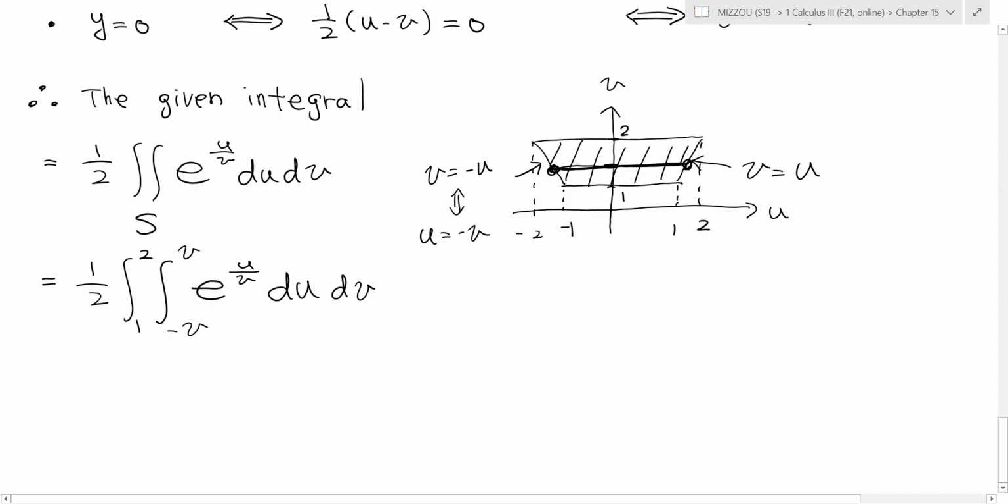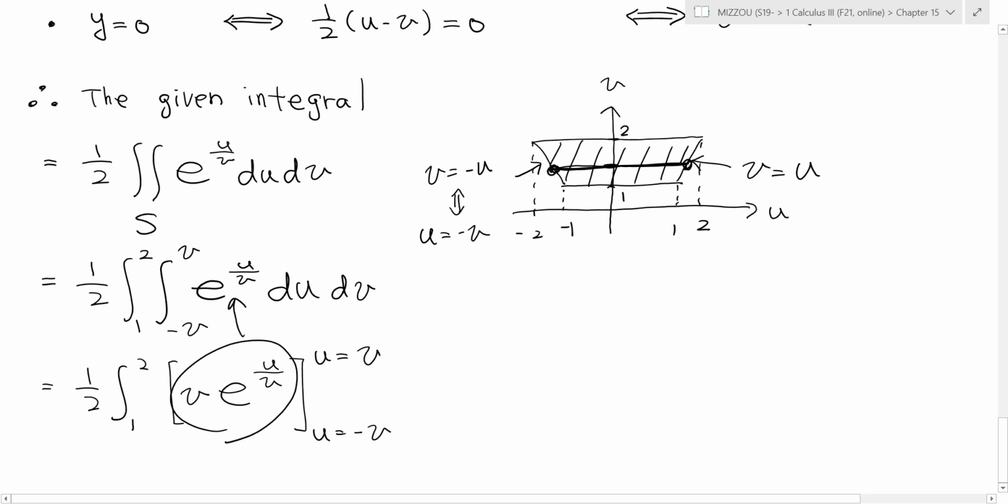For this integral, we integrate with u. We have 1 over v here, but that's treated as a variable. If you integrate this with u, you get v e to the power of u over v. Strictly speaking, to compute this antiderivative you have to use u substitution, but you can convince yourself as an exercise. Indeed, if you partially differentiate this with u, you get this.